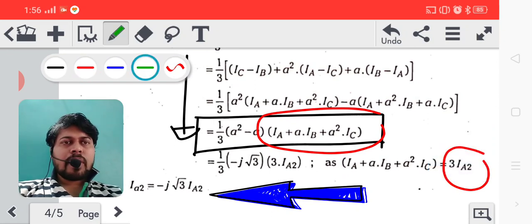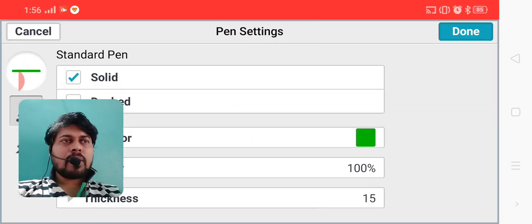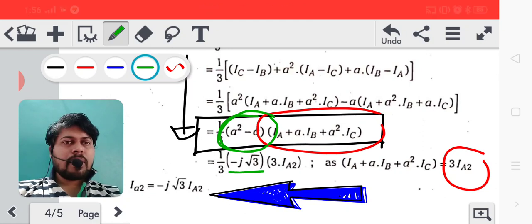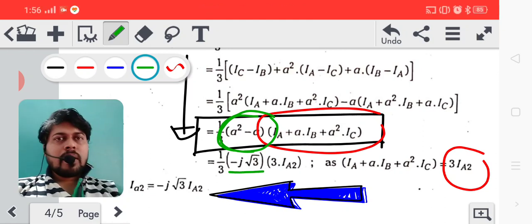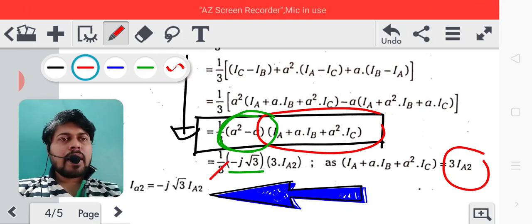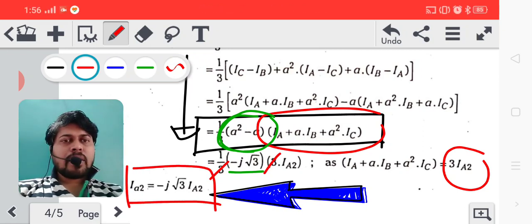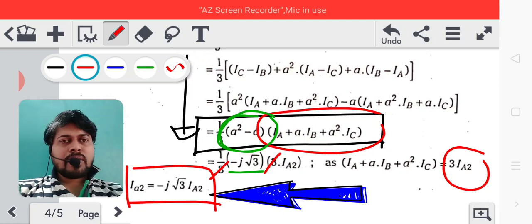By the characteristics of the A operator, in place of A square minus A, I can substitute minus j root 3. Cancelling 3 and 3, I will get the negative line sequence current equals minus j root 3 times the negative phase sequence current.